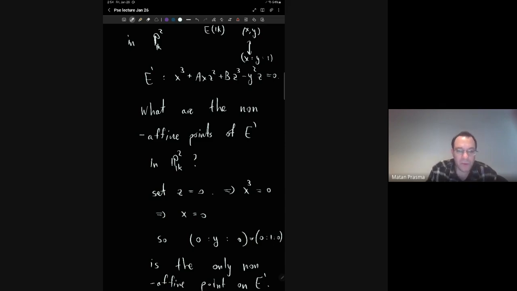And now you could go and define tangent lines. This E prime is called the projective curve.